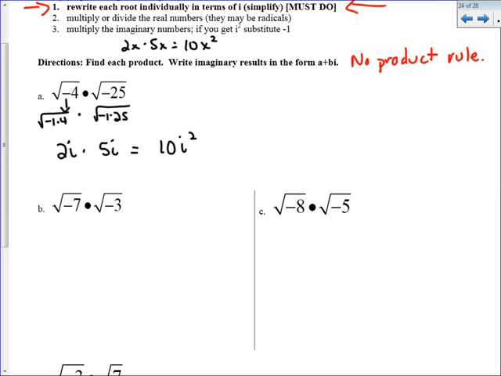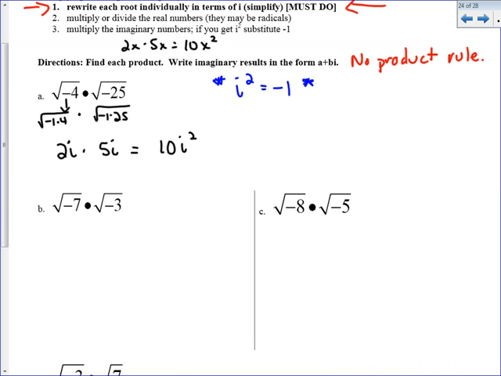But we had a fact on the front. I'd much rather have real numbers than imaginary numbers. So there were two things I said you had to remember. The first was that the square root of negative 1 is i, and the other one is i squared equals negative 1.